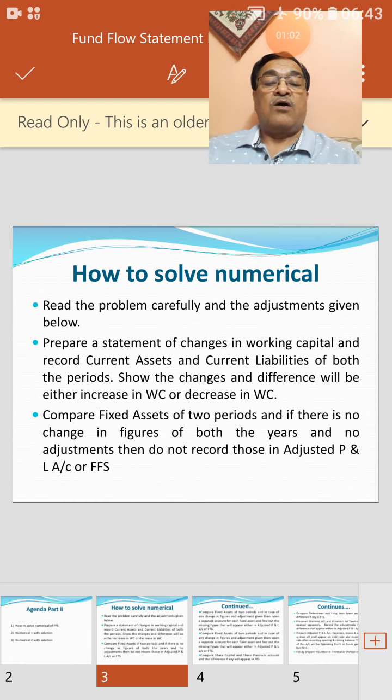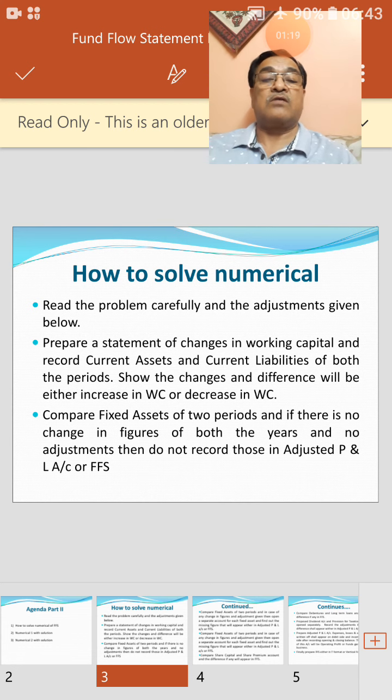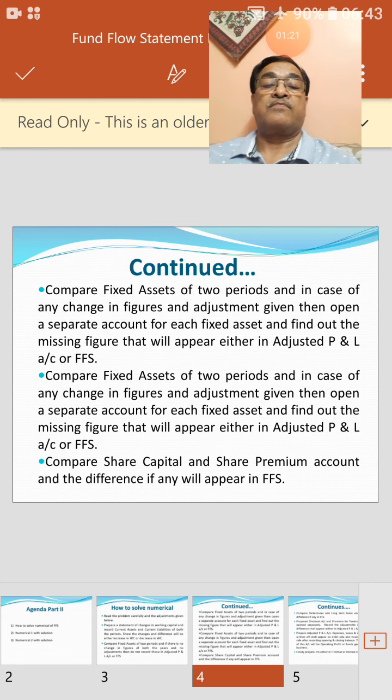Compare and check all fixed assets of both the periods, and if there is no change in the figures of both the years without any adjustments, then do not record the figures of fixed assets either in adjusted P&L account or fund flow statement.